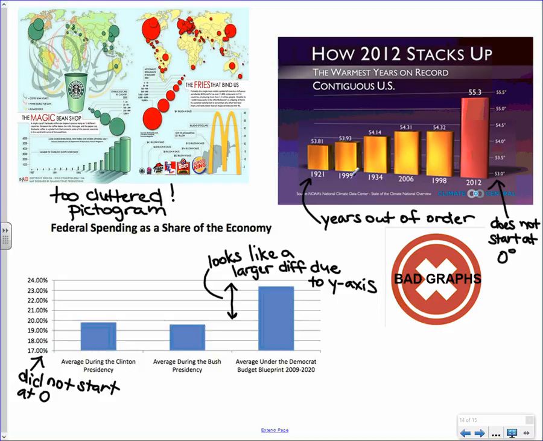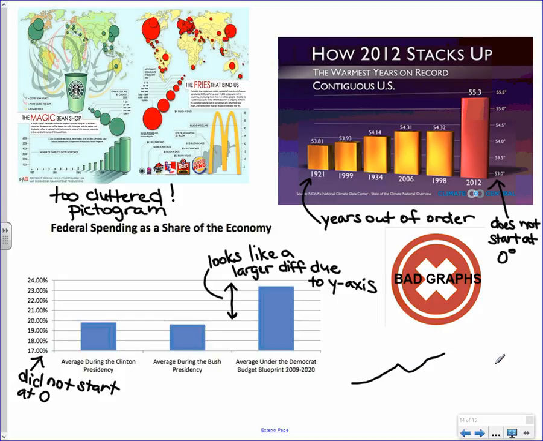So really, if we're looking at this on a time series graph, here's 1921, we go up for 1934, and then we go back up for 98, but back down in 99, then we're up in 2006, and then 2012.